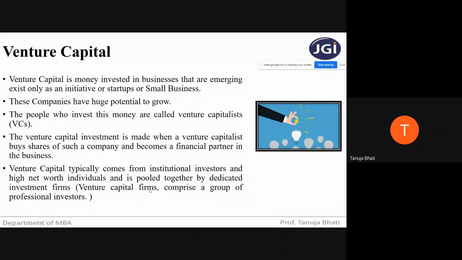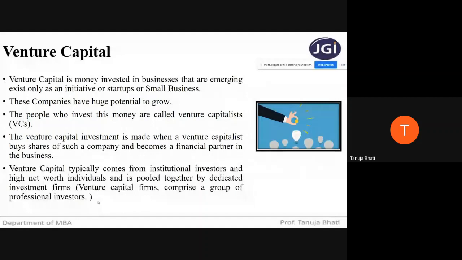Venture capital firms comprise a group of professional investors. See, only persons who have high net worth, only those individuals whose business is good in the market, who have goodwill in the market and an excess of financial position, only they can invest in venture capital.